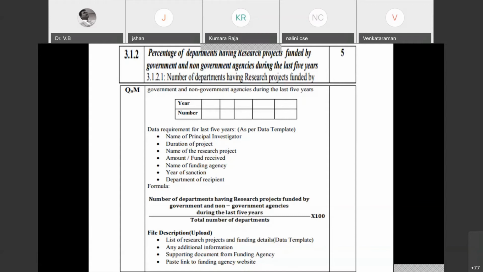So please remember that. And it is a quantitative metric, meaning there is a fixed template, the format in which the data has to be provided.